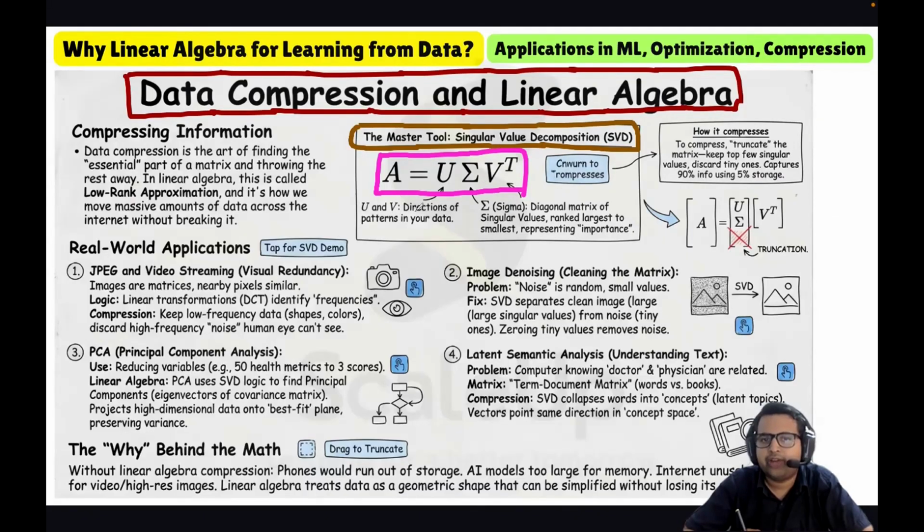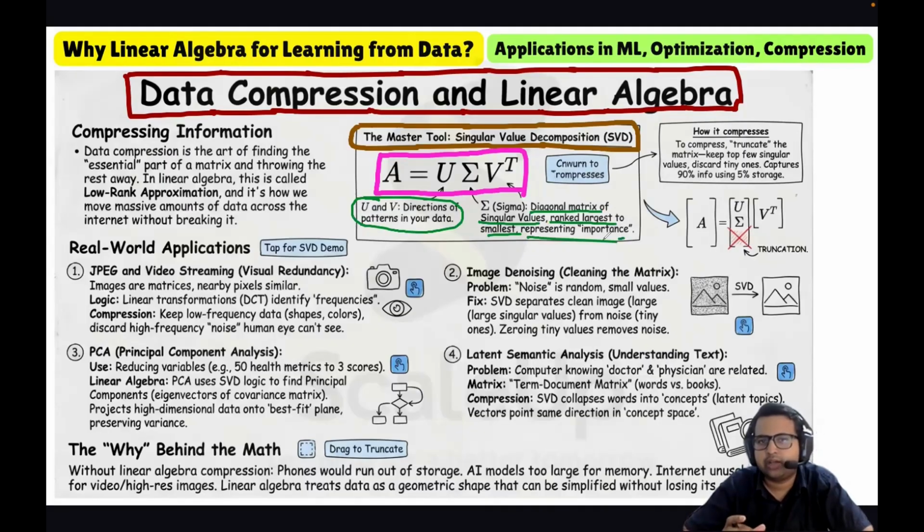Here U and V are the directions of patterns in your data. These U and V matrices tell you the directions of the patterns in your data. And sigma is a diagonal matrix of singular values. These singular values are ranked from largest to smallest, representing the importance of each pattern.